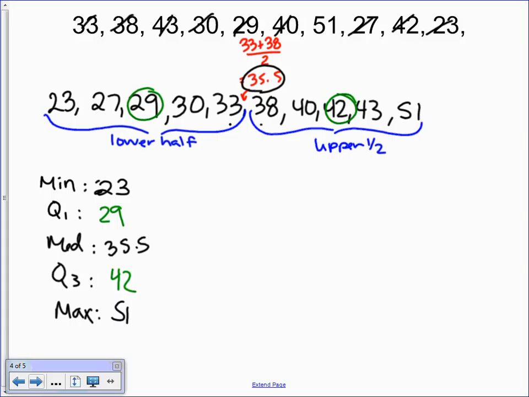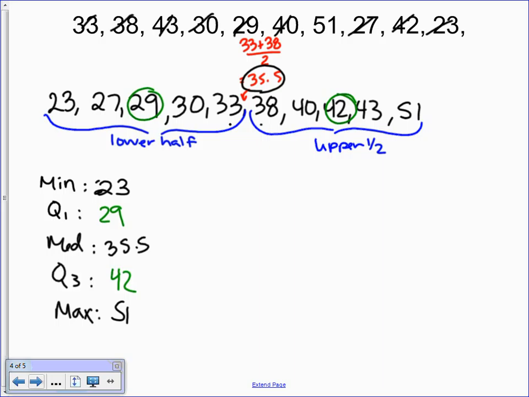Okay. Last step is graph it. But before you graph it, pick a scale. We have to go all the way from 23 to 51, so like 20 to 50 or 20 to 60. What do you guys want to scale by? 5. Okay, that seems reasonable.